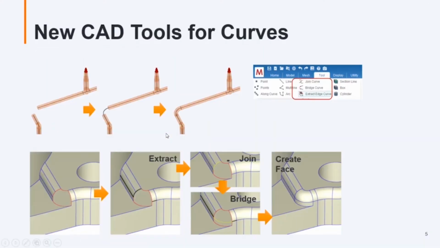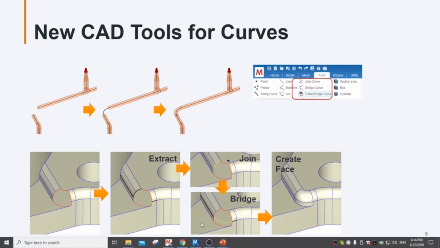And in the next one, we have a new tool to create a curve. It could be extracted from the edge, or create a curve based on the two ends from two curves, or join the curve. I will show you how to use it.